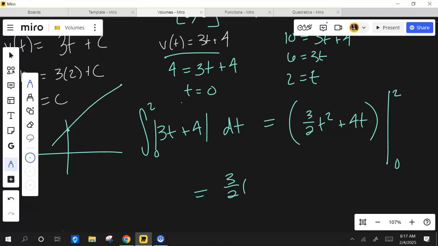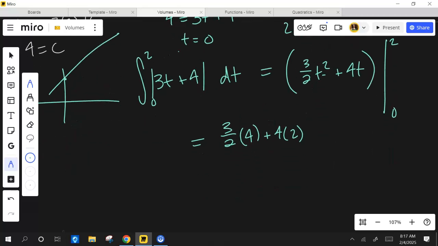So 3 over 2 times 4 plus 4 times 2. You plug in 0, you just get 0. 6 plus 8. 14, what's my units? Meters. 14 meters, which is good.